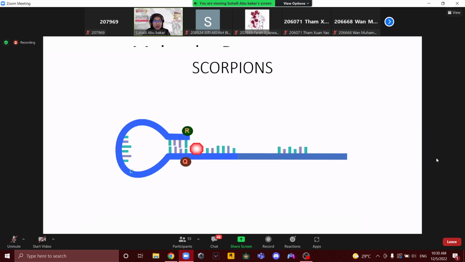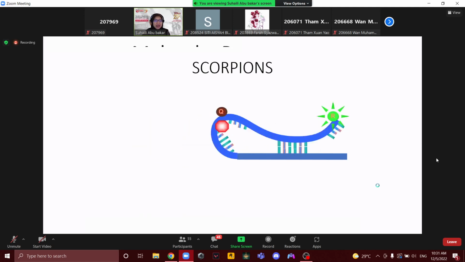So this is the structure of the molecular beacons. But the scorpion is attached together to the primer. This is the primer. Okay, primer recognizes the specific target, brings together the probe, and then denaturation. Kan?